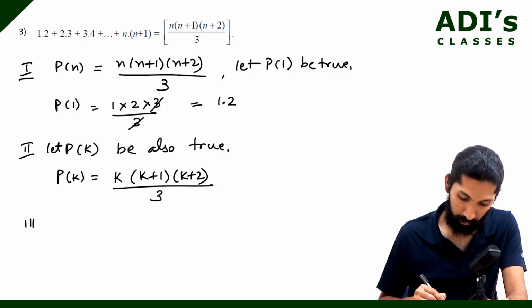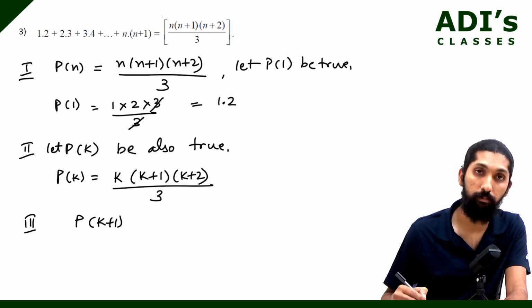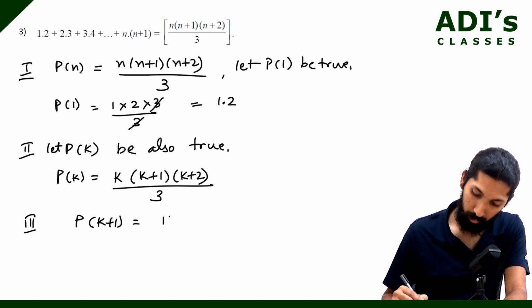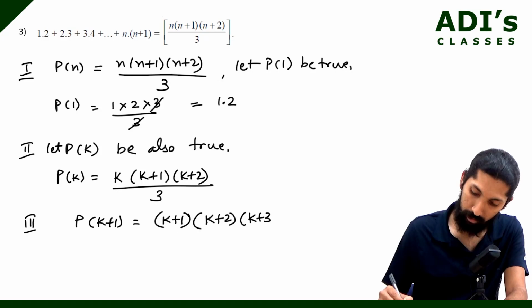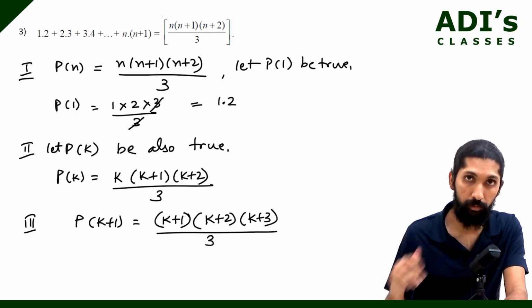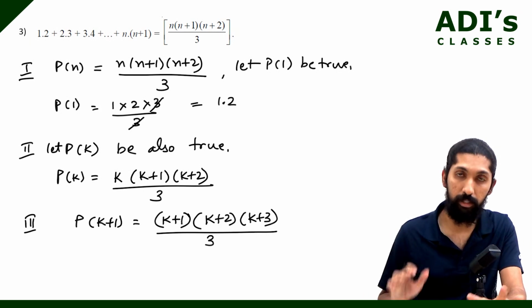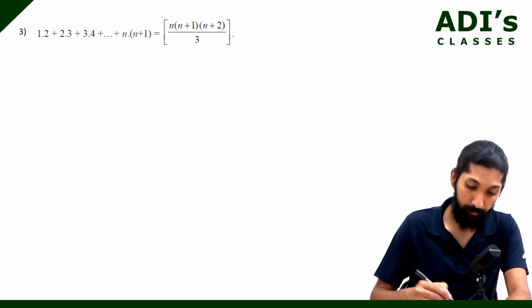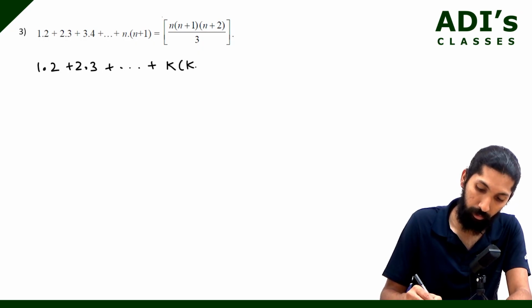And in the third step, we say P of k plus 1 will be equal to k plus 1 into k plus 2 into k plus 3, whole divided by 3. We need to prove this, right? So the next step is we need to prove it. Let's start with the next part. You have 1 into 2 plus 2 into 3 till k into k plus 1.